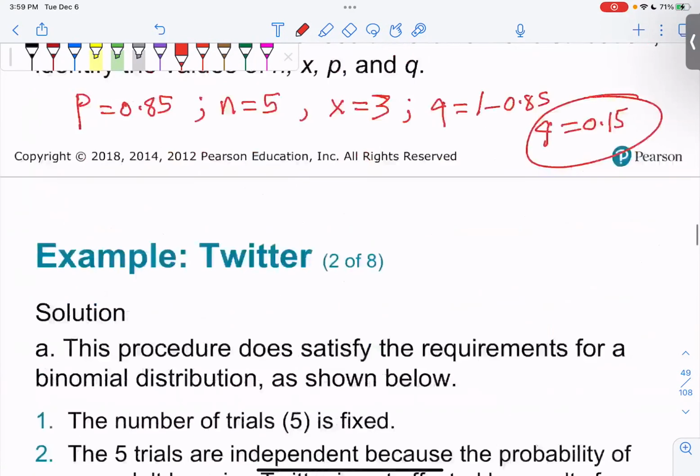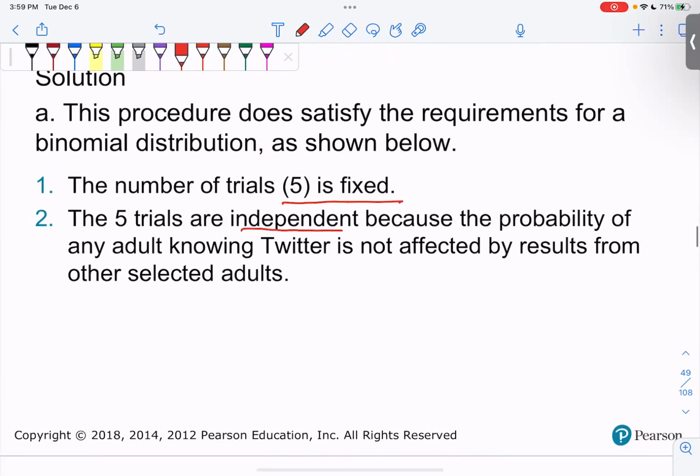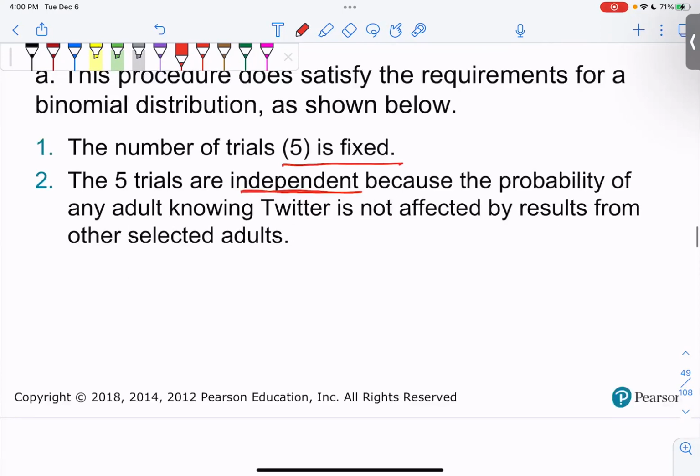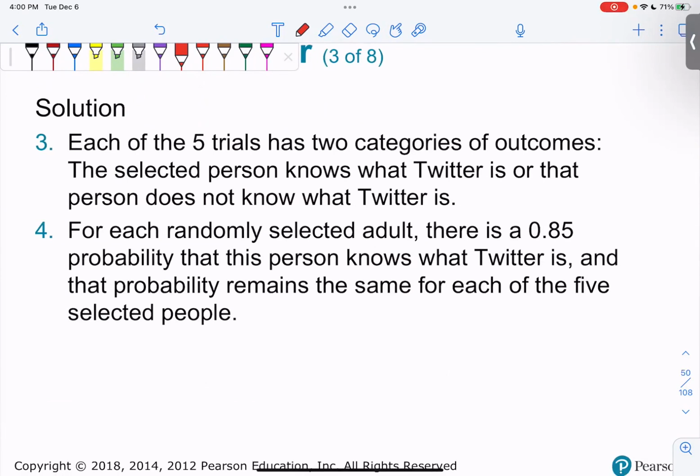Okay. So now those requirements: one, we have a fixed number of trials equal to 5. Independent, okay, because we have selection with replacement, right? And for each of those 5 trials, we have 2 outcomes, which is yes, I know Twitter, or no, I don't.